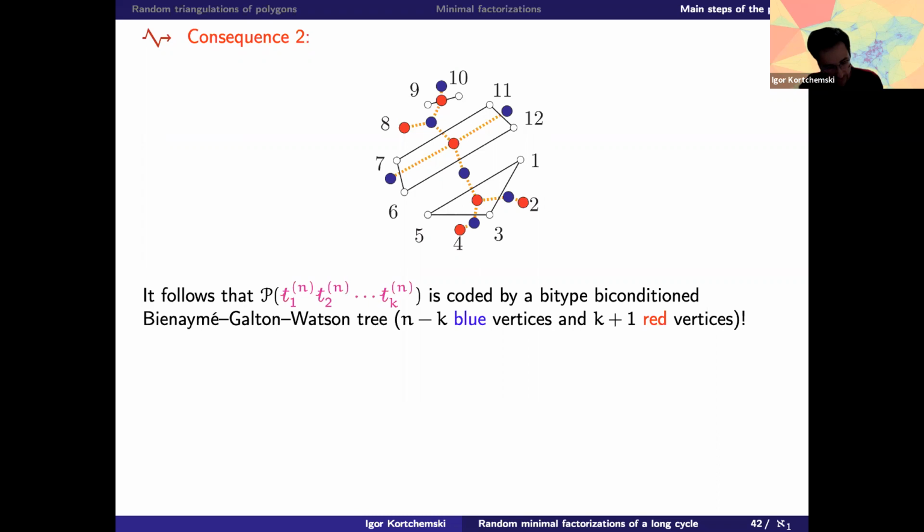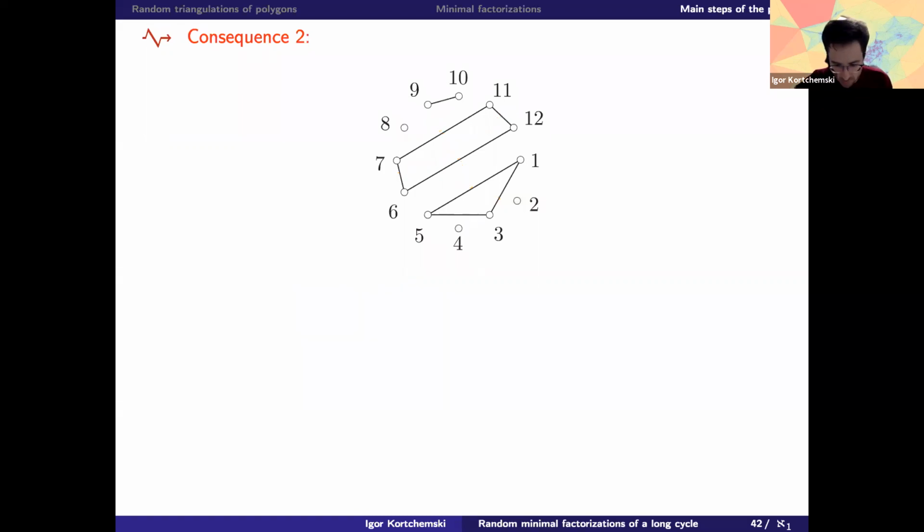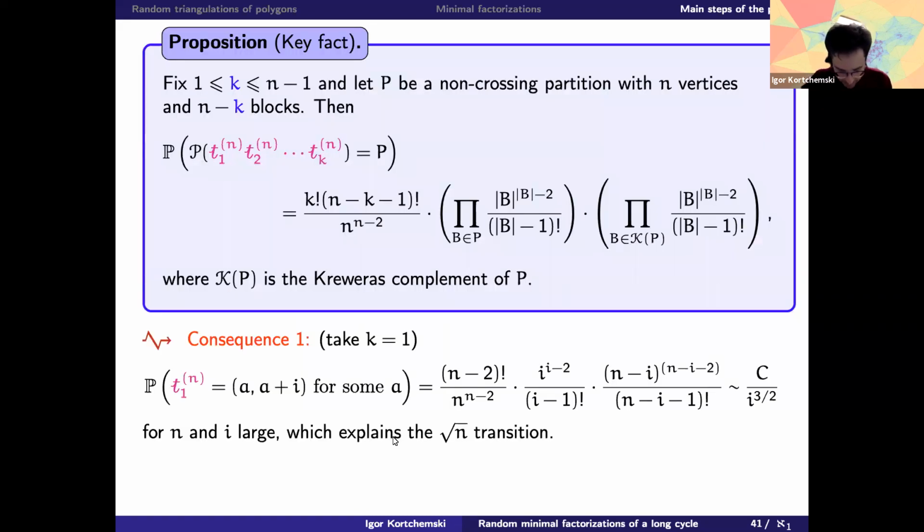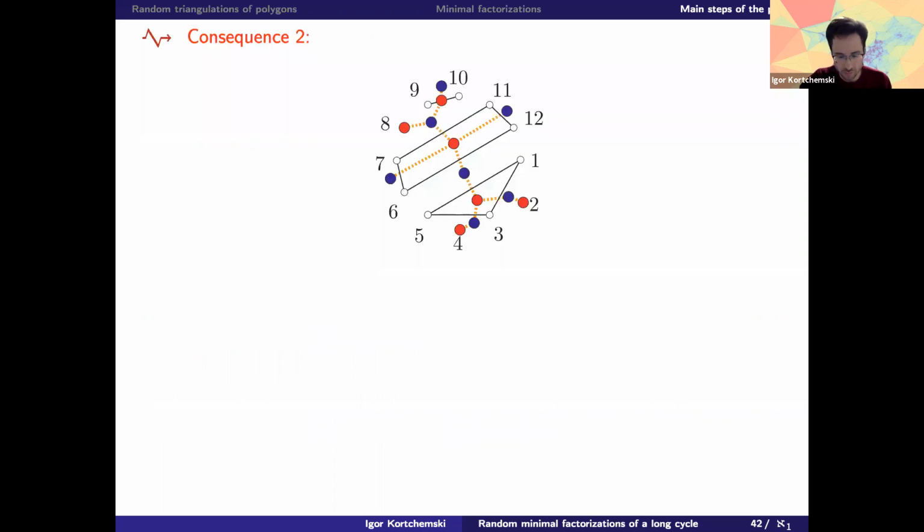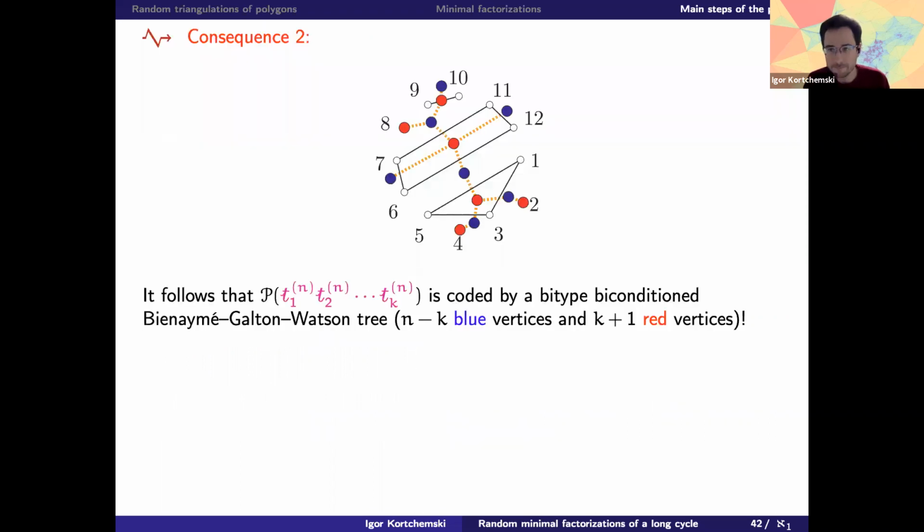And in this random tree, the weight we had, if I go back, you see that the weights here involve just sizes of the blocks, and sizes of the blocks are just degrees. So you have weights corresponding to degrees, red degrees, blue degrees.